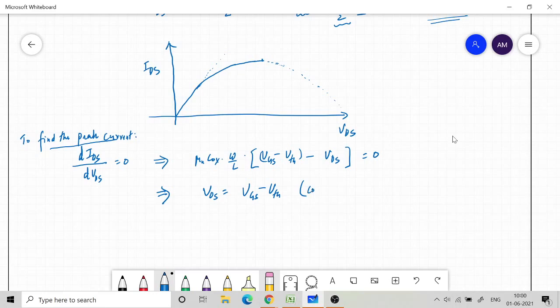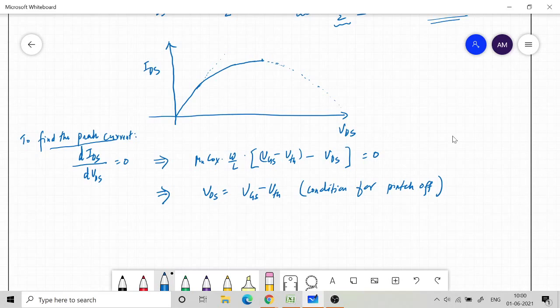So we derived the condition for pinch off. Pinch off means the point at which the current cannot further increase. So this is the maximum current that we are going to reach, and once we reach this, we can back substitute this current.